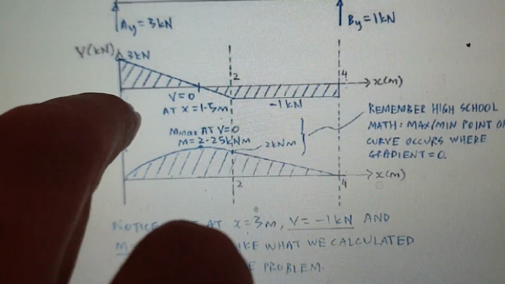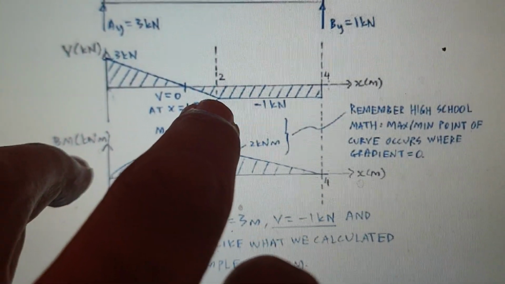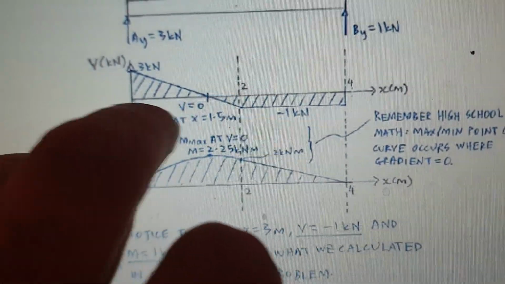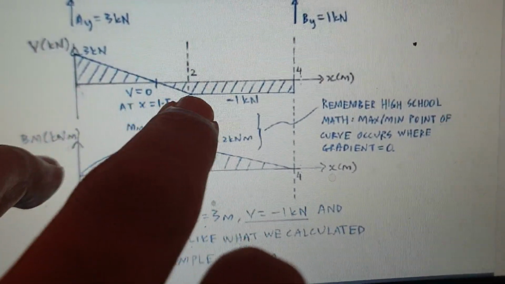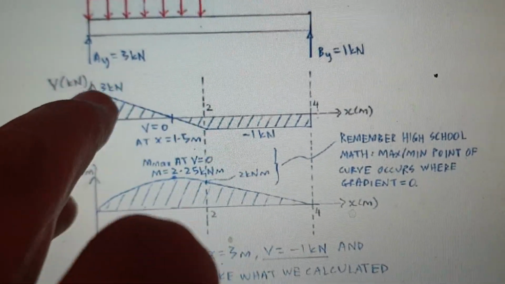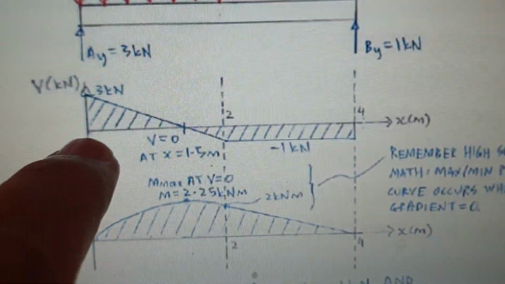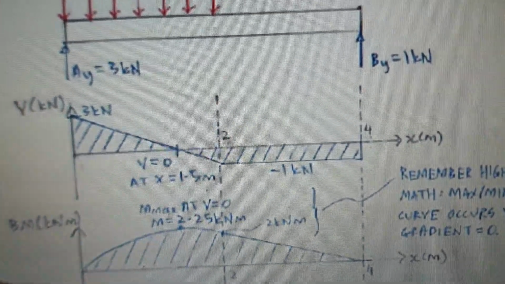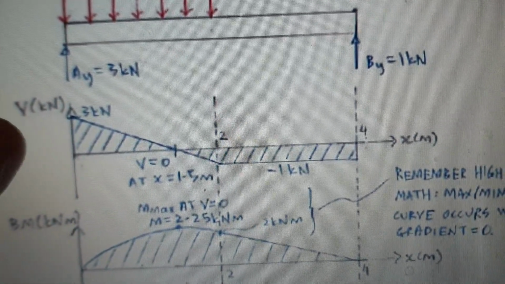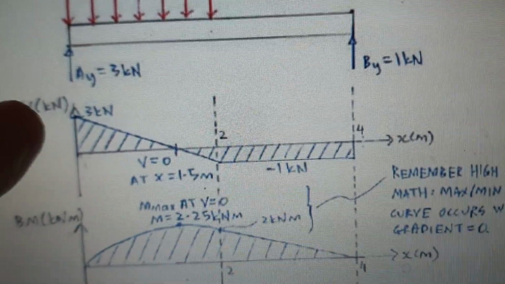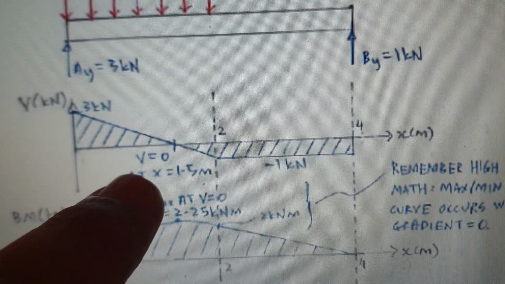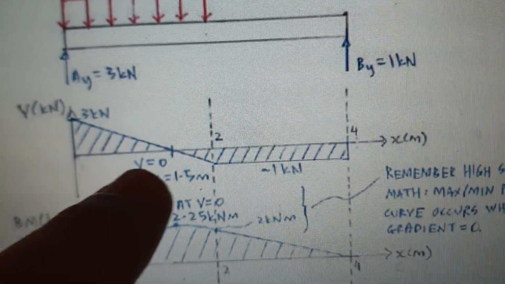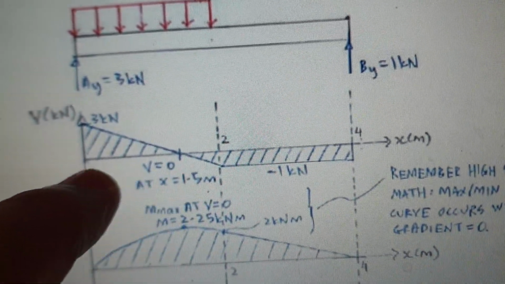So 4 and 2, and then you could do it 3 and x. So the whole thing is 4 and 2. 4 over 2 equals 3 over x. So 3 over 2, which is 1.5. So this distance is 1.5.